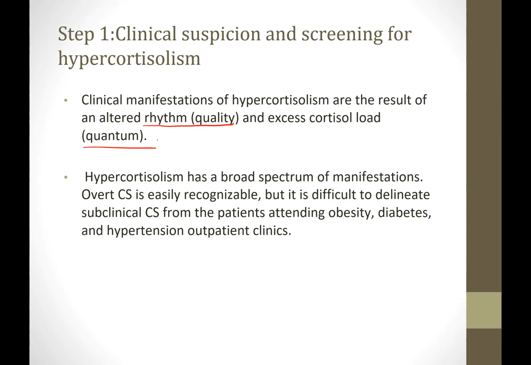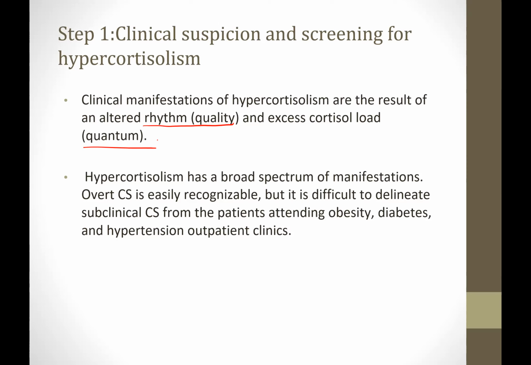So the index of suspicion in Cushing syndrome should be very high, because it mimics obesity, it mimics metabolic syndrome, it mimics people with obesity and diabetes and hypertension. You mistake them unnecessarily and start treating them or evaluating them unnecessarily for Cushing's. So this is what is called the false positive diagnosis of hypercortisolism.